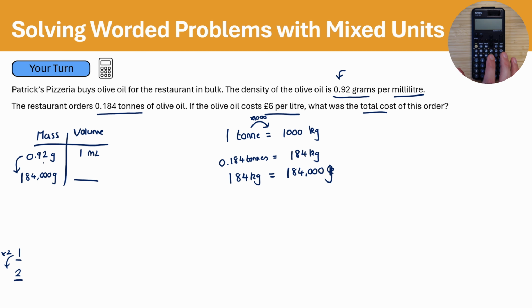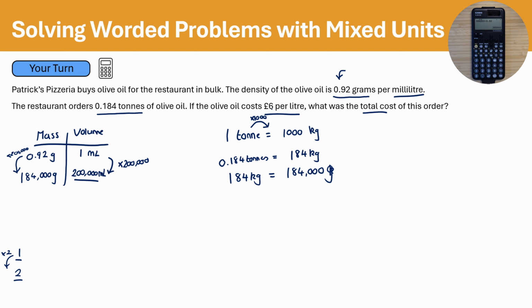So take your 184,000, divide it by 0.92, and it gives you an answer of 200,000. So that's what I multiply by. Therefore, that's what I'm going to multiply my 1 milliliter by. 1 multiplied by 200,000 is 200,000 milliliters. So we now know that's how much olive oil they ordered in terms of a volume.